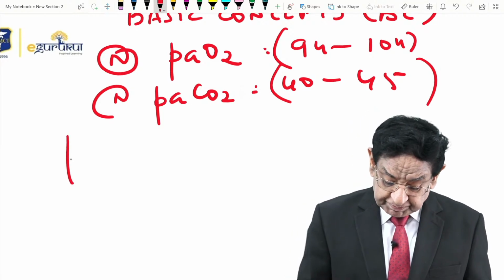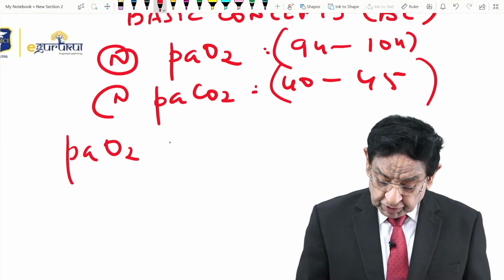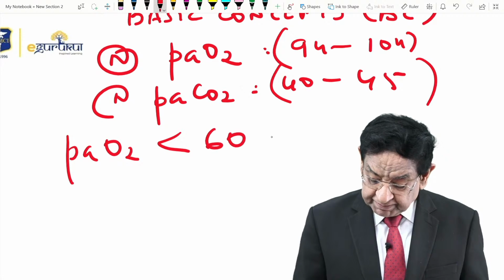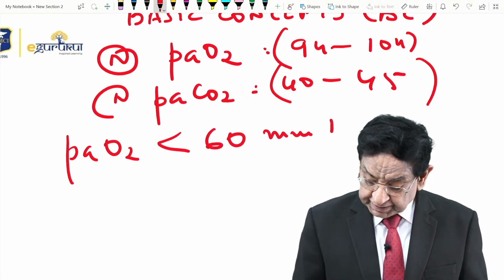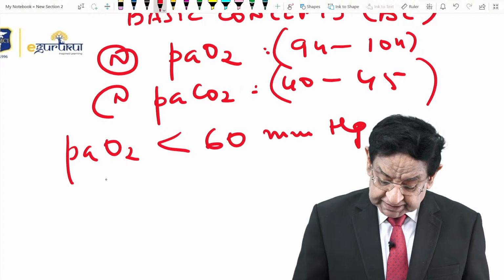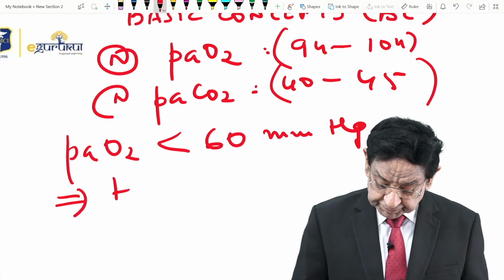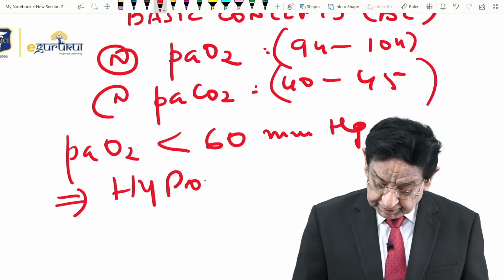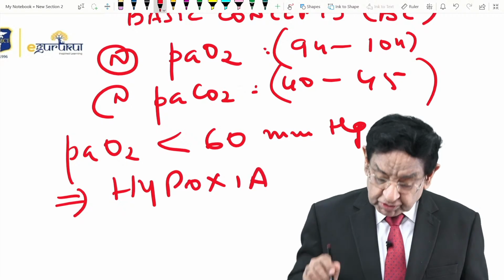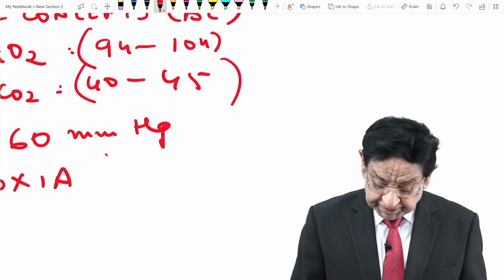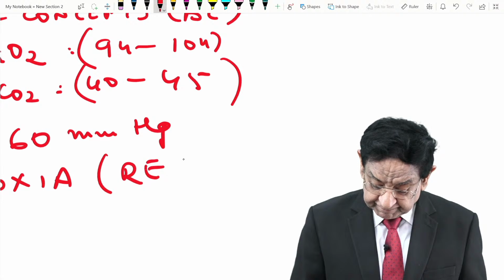Now, whenever this PaO2 is below 60 millimeter of mercury, we call it hypoxia. It is also known as respiratory failure.